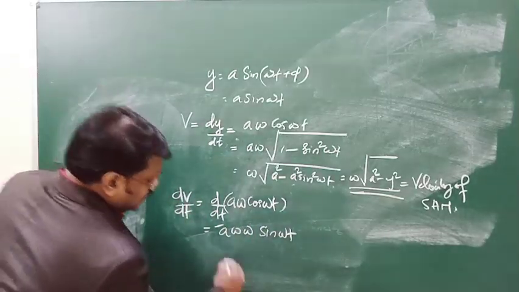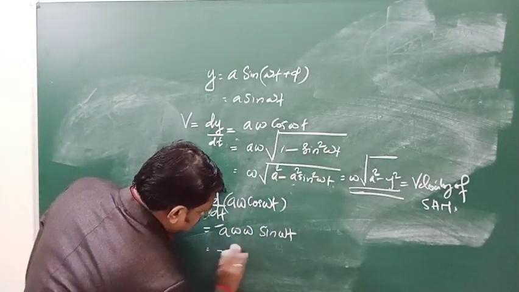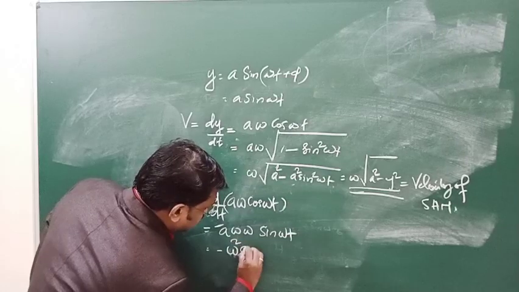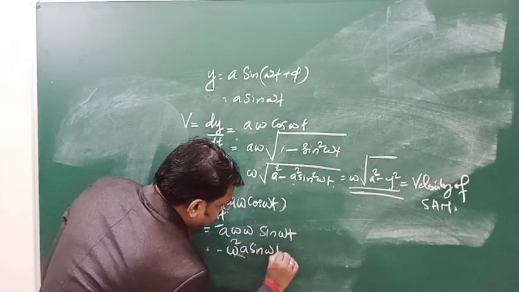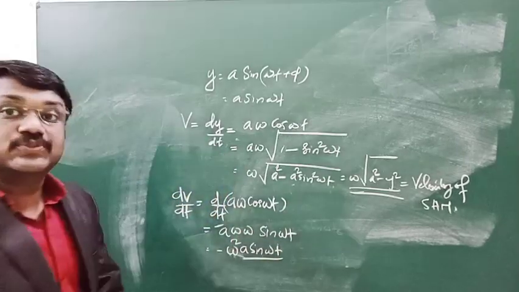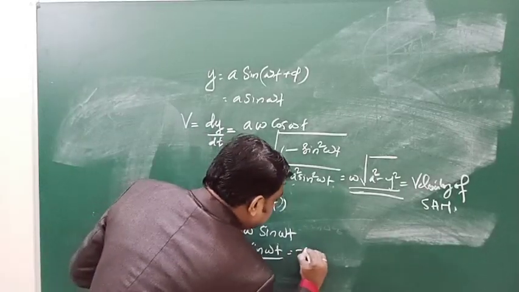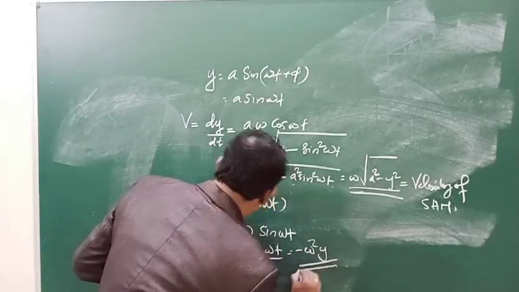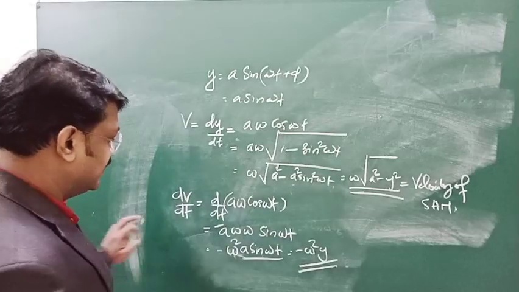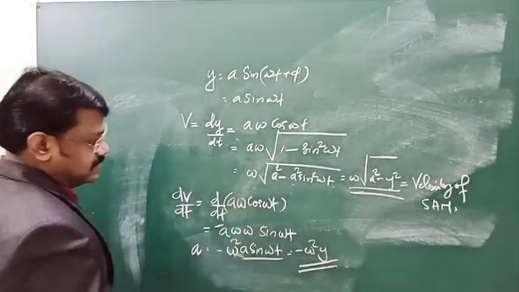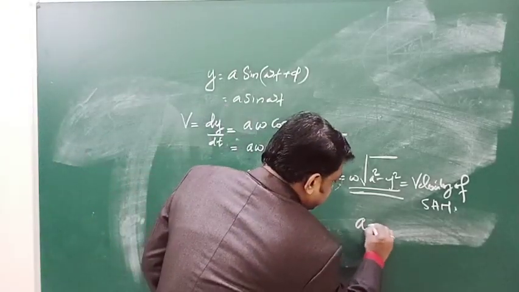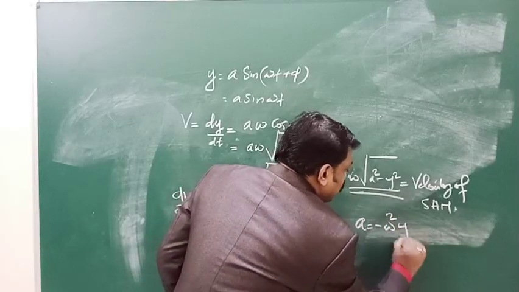So that will become minus omega square a sin omega t. A sin omega t is y, so that is minus omega square y. What is this dv by dt? That is acceleration. So acceleration is equal to minus omega square y.